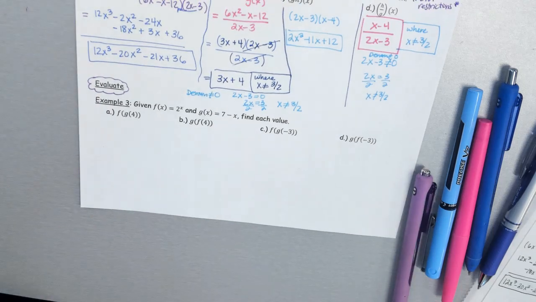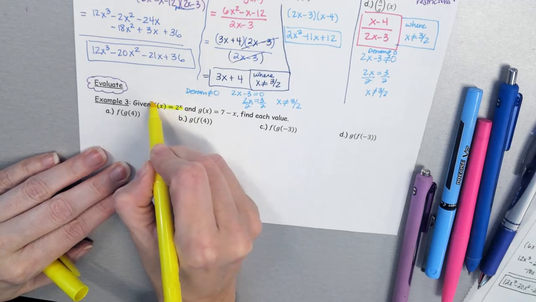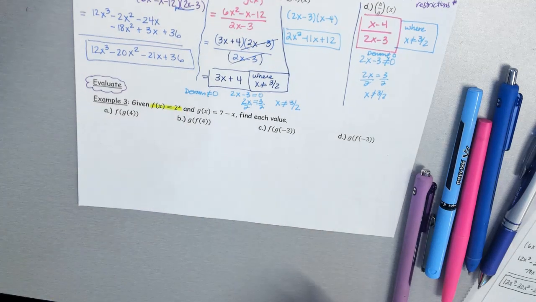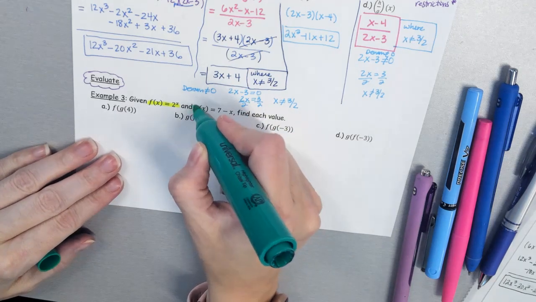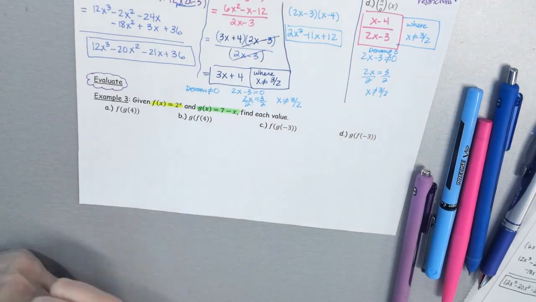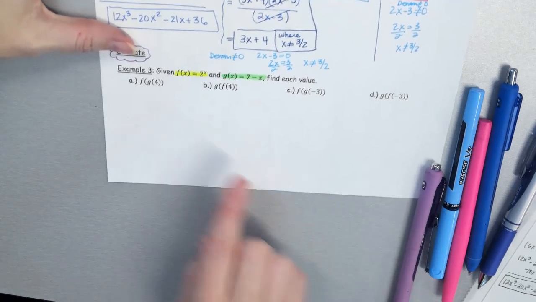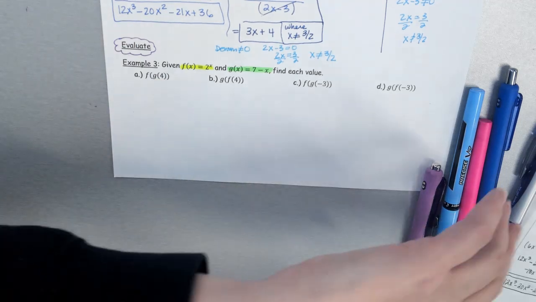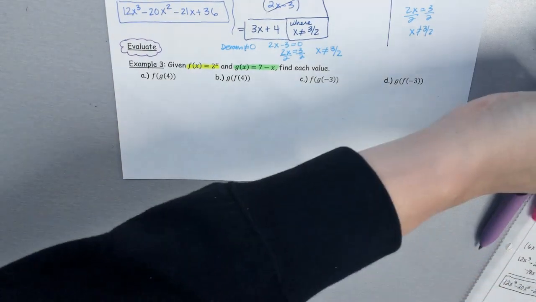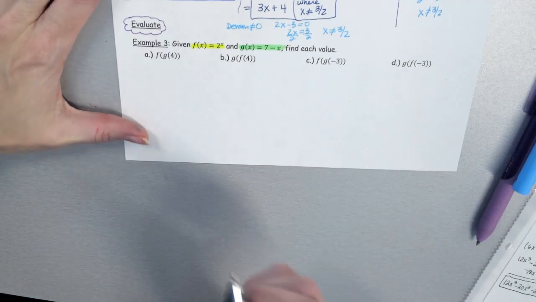Again, we are given an f of x, a g of x, and it says that we have to find each value. This is a composition of functions. So a composition is when you have one function within another function. And the best way to do these is to start on the inside and work your way out.